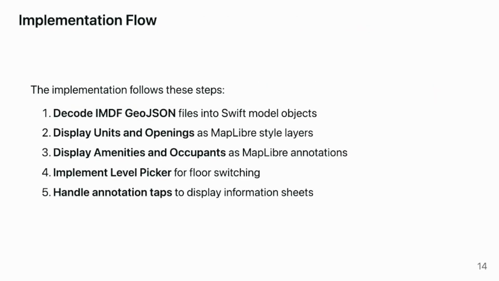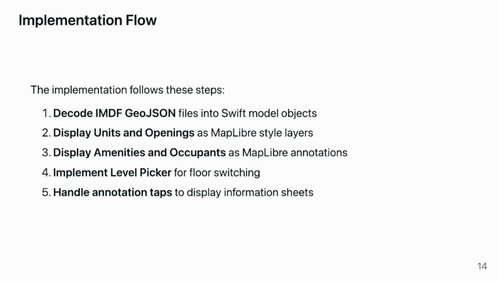The implementation follows a five-step process. First, we decode IMDF GeoJSON files into Swift model objects. Second, we display units and openings as MapLibre style layers on the map. Third, we display amenities and occupants as MapLibre annotations on the map.